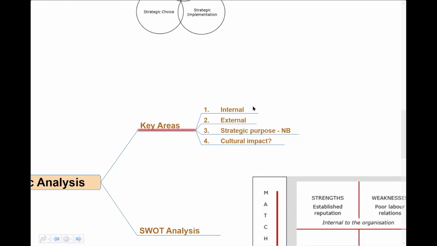So whatever we decide on, whatever we do in this area of the A or an S, we need to keep our strategic purpose in mind. In addition to that, let's not forget that whatever we do, every business has some form of culture. Every business is impacted upon by the culture within the organization and indeed national cultures as well. So let's not forget culture.